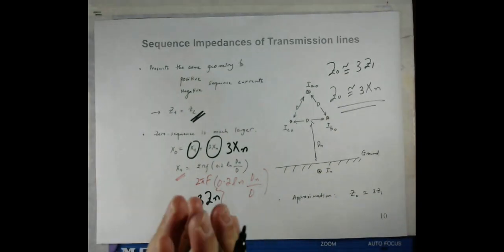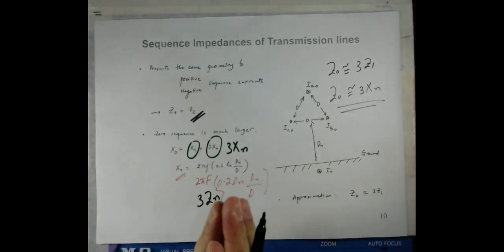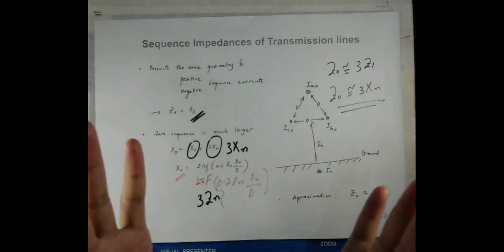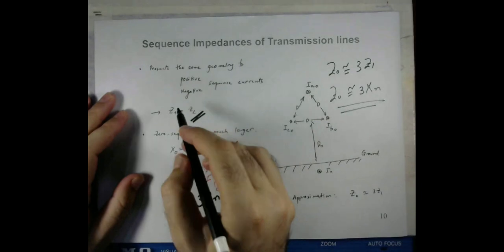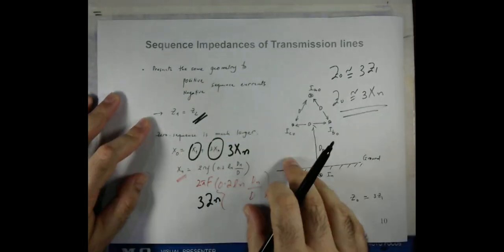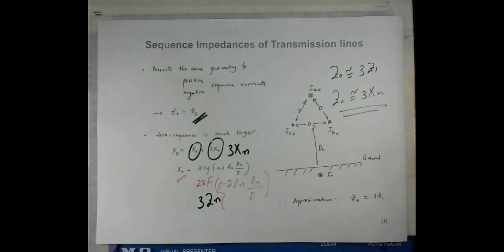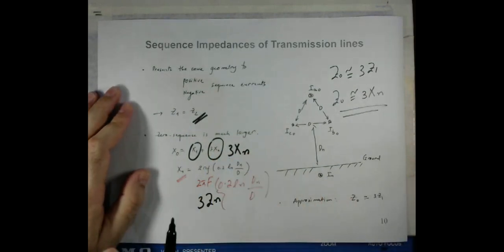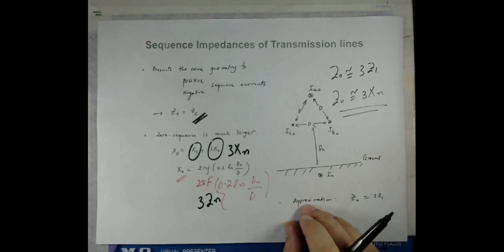For the transmission lines, the same geometry is offered to the positive and negative sequence currents, so we take the positive and negative sequence impedances to be the same. As we have already discussed, the zero sequence current flows through the impedance to the ground, and we discussed this factor 3 when we were discussing the Y connected loads.